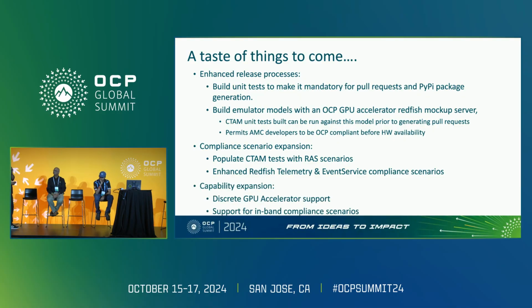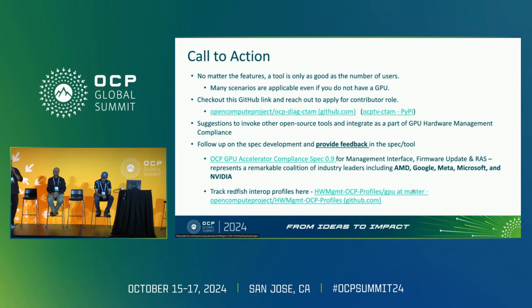Finally, as Anish mentioned, there are two models, and we are primarily biased towards the GPU UBB model, and the discrete accelerator use case is something that the tool will support going forward in a big way. Also, especially for the RAS spec, out-of-band scenarios are only part of the picture. There are a lot of in-band scenarios that also need to be part of the tool, and we're looking into that because right now the tool is heavily leveraging Redfish and out-of-band.